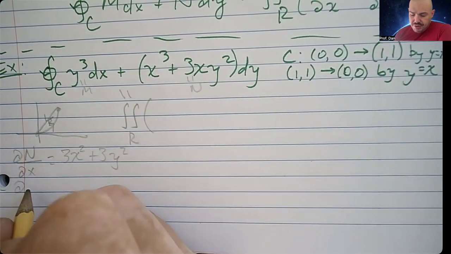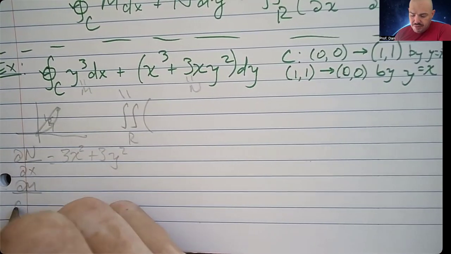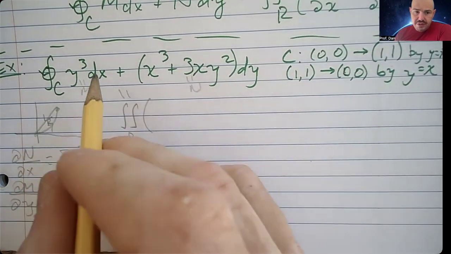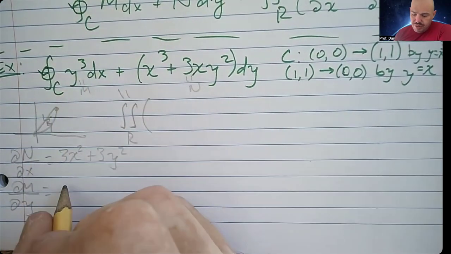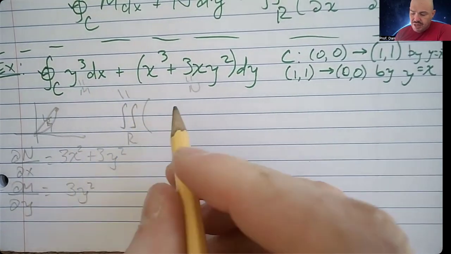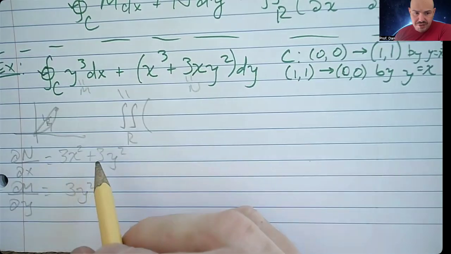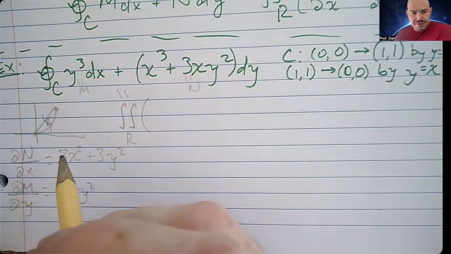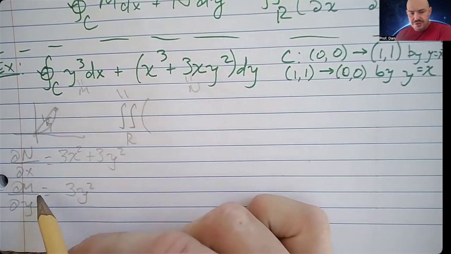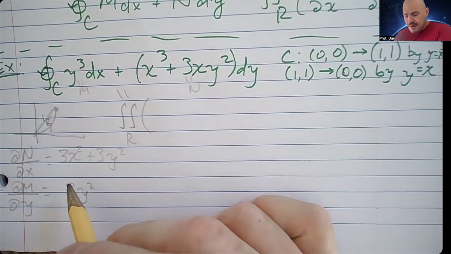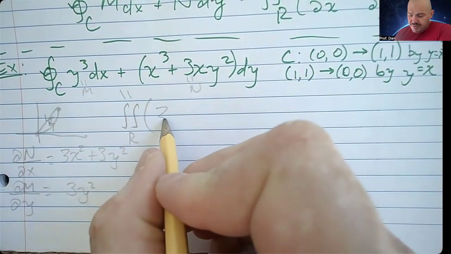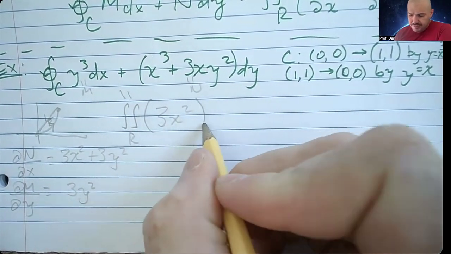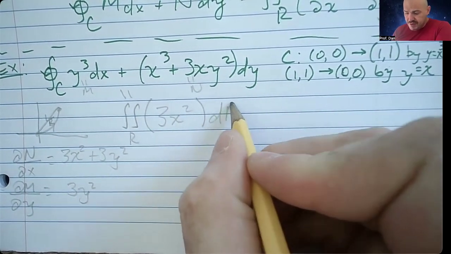And then the partial of M with respect to y is going to be 3y squared. So the integrand from Green's theorem is going to be the difference between these two: the partial of N with respect to x minus the partial of M with respect to y. If I subtract these, all I'm left with is 3x squared, which is pretty convenient.